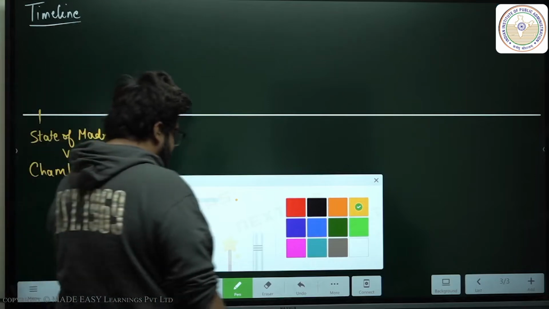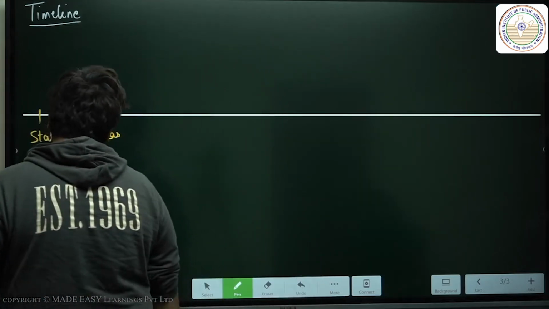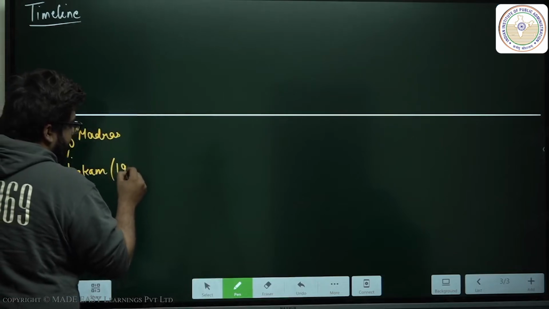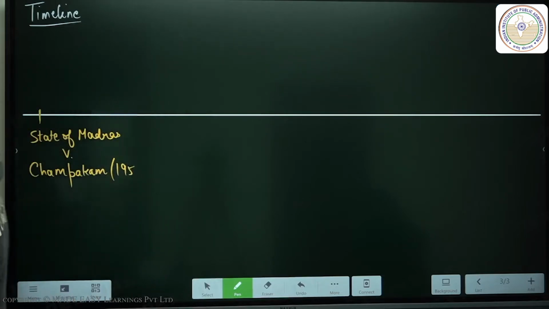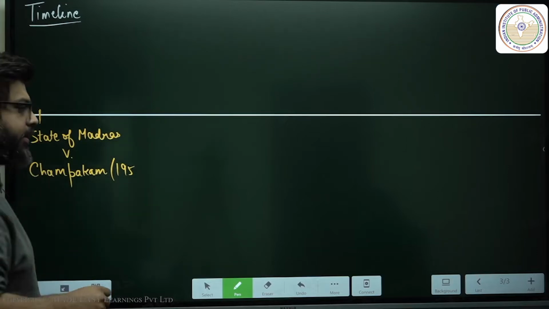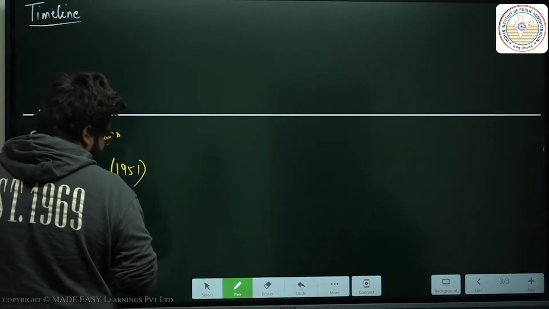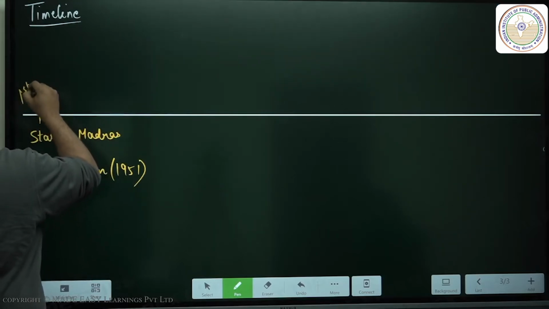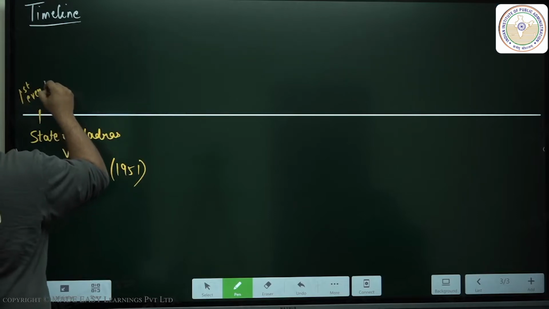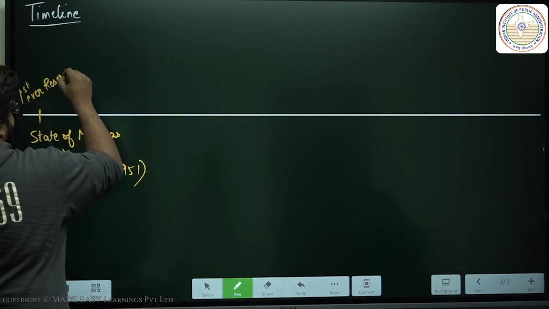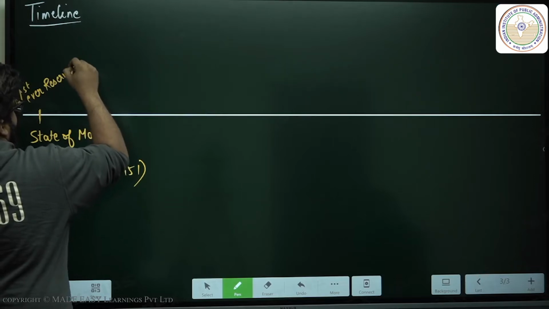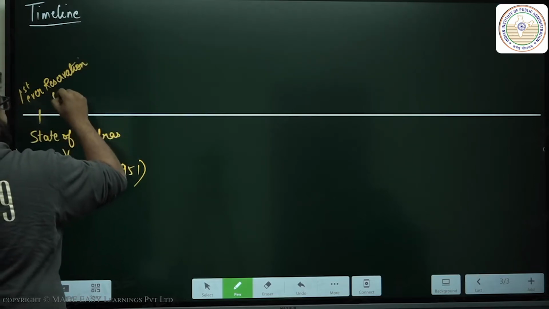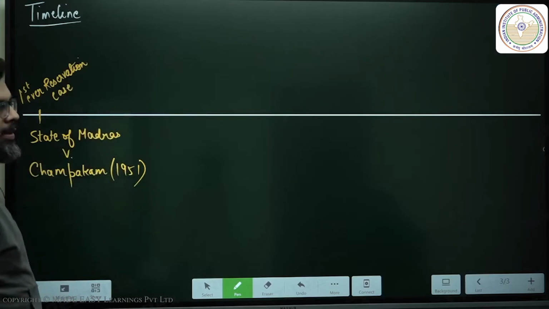Now, the State of Madras versus Champakam, as we know, is a case of 1950. In fact, the verdict was finally delivered in 1951. What is very interesting to note is, this is actually India's first ever reservation related case at a time where India did not have any national policy on reservation.